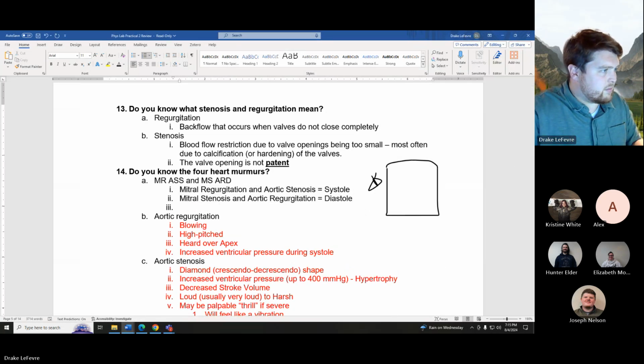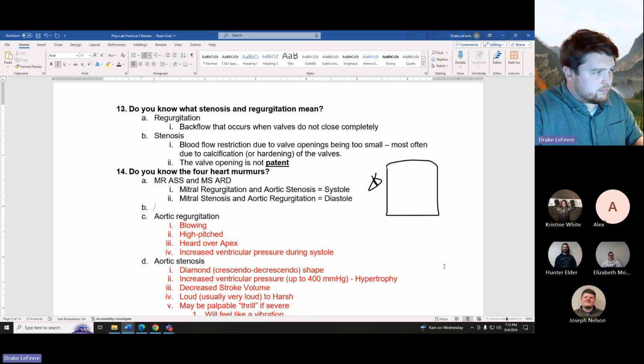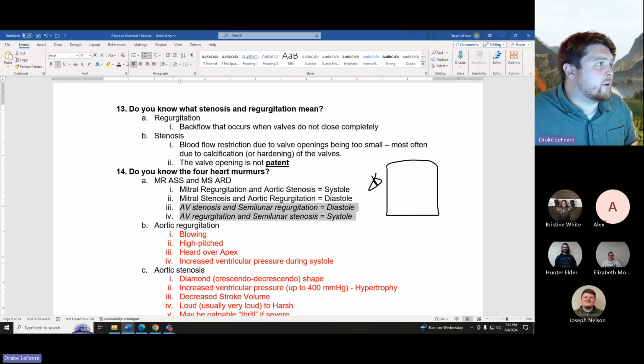So you could write AV stenosis and semilunar regurgitation equals diastole, AV regurgitation and semilunar stenosis equals systole. However you want to remember it.